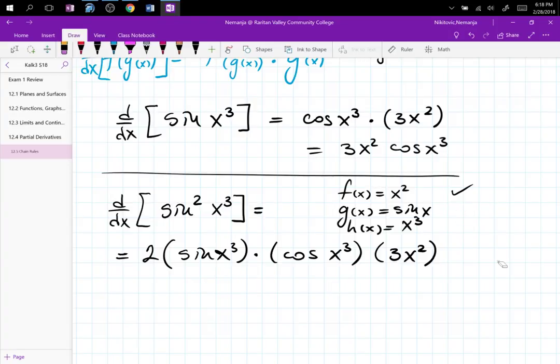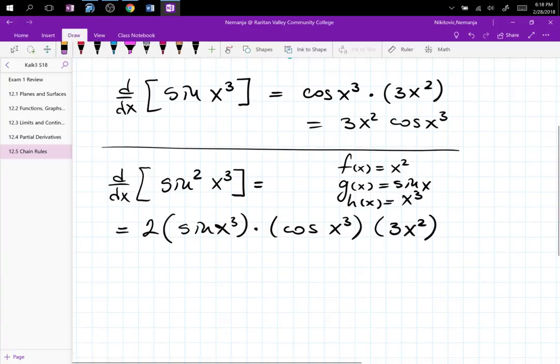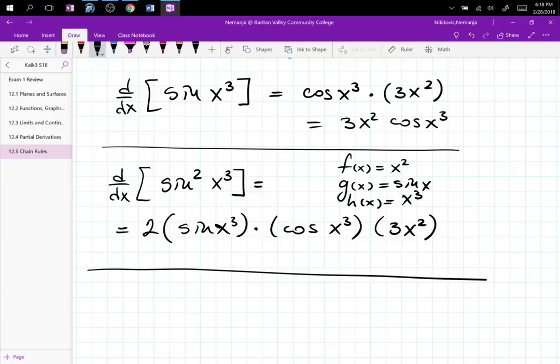That's when you stop: when the number of functions matches the number of the inner derivatives. Can you take the derivative of this? Yeah, you can. You're not supposed to, because you are actually supposed to take the derivative of x, and that derivative is actually 1. Anyway, let's switch to Calc 3.